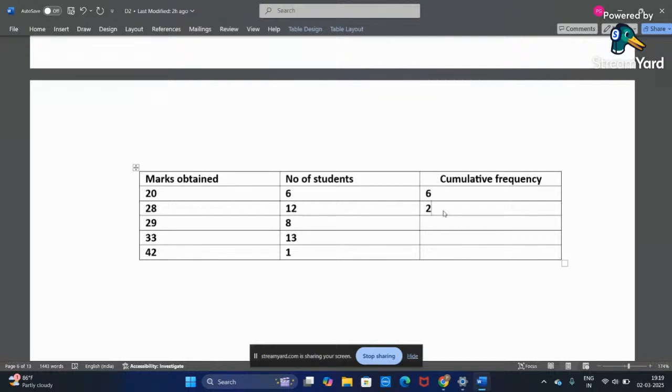Sorry, 6 plus 12 is 18. 18 plus 8, how much? 26. 26 plus 13, how much? 39. And here it is 40.